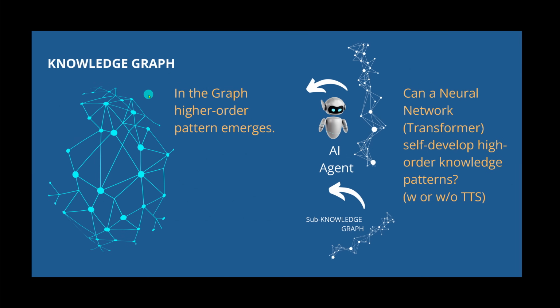Now, this is nothing special for the graph. Special is that higher order patterns emerge by an iterative process that maybe is less intelligent. And now to the main question. Can a neural network, can a transformer-based AI agent self-develop higher order knowledge patterns as an agent? Or is the agent not able?